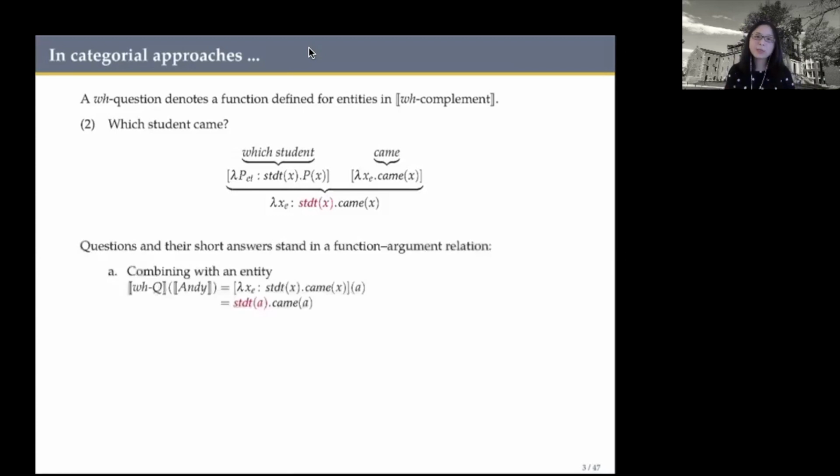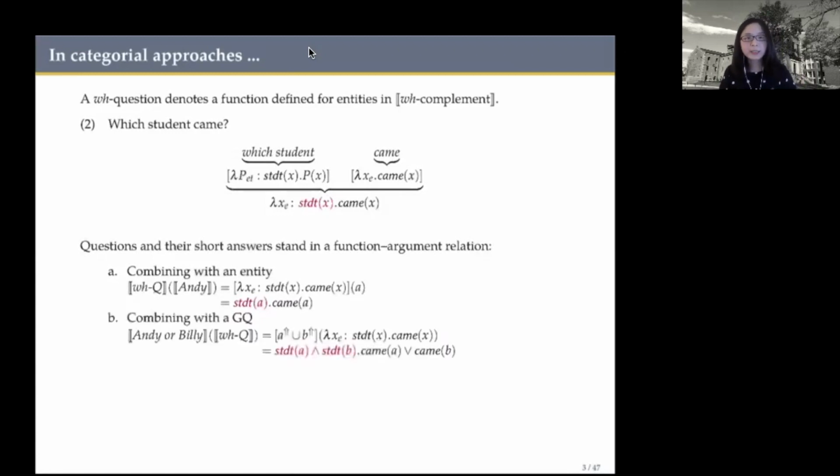And in this way, we can easily capture the question-answer relation as a simple function-argument relation. So as in A, applying the question denotation to the individual Andy returns the inference that Andy came, defined only if Andy is a student.